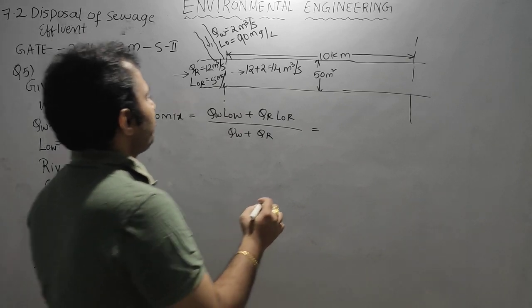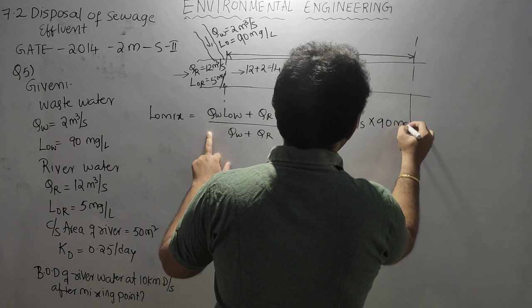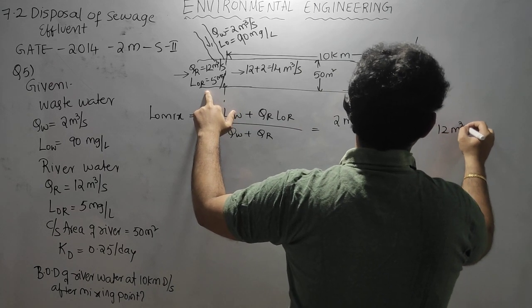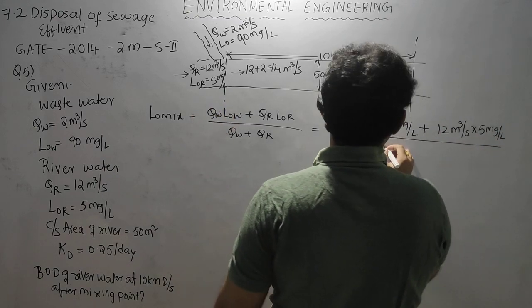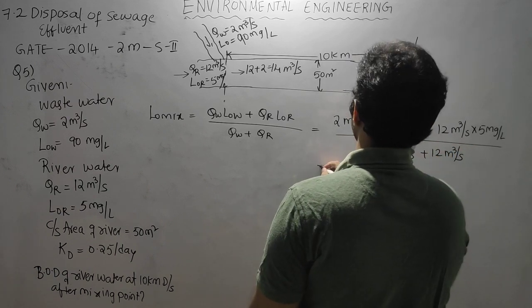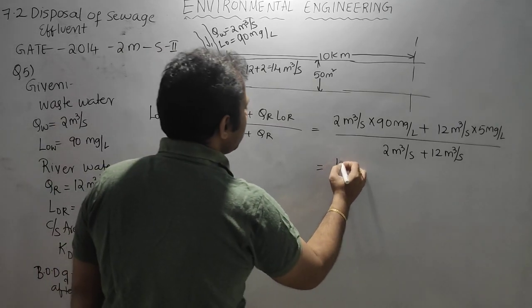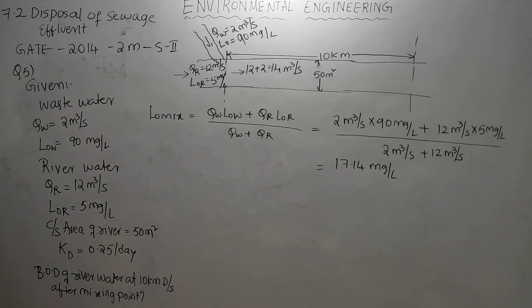BOD mixture is equal to 2 meter cube per second times 90 mg per liter, plus 12 meter cube per second times 5 mg per liter, by 2 meter cube per second plus 12 meter cube per second. That is equal to 17.14 mg per liter.